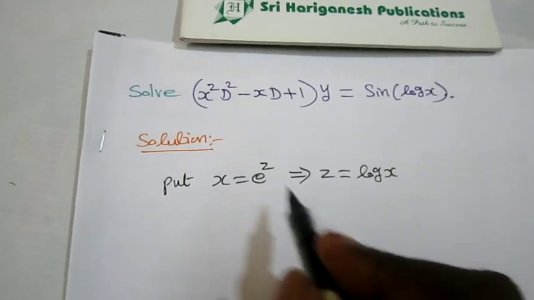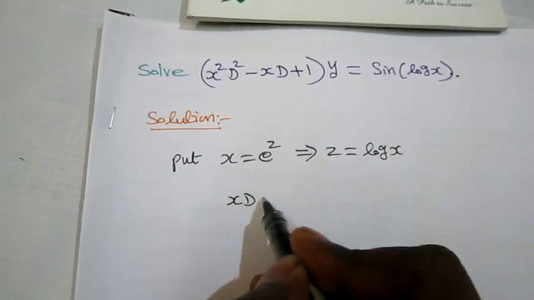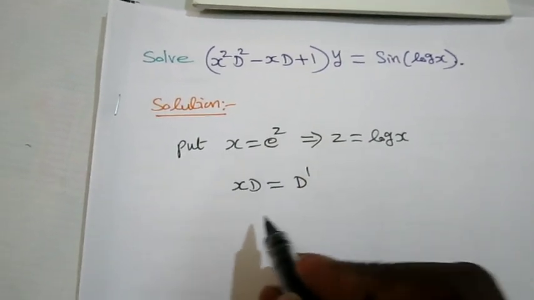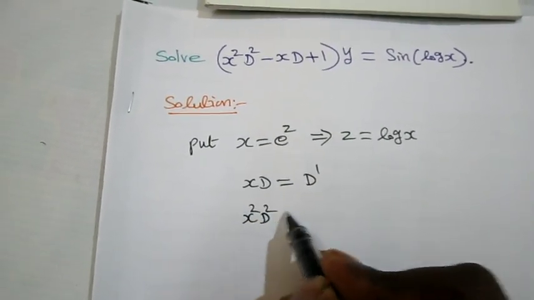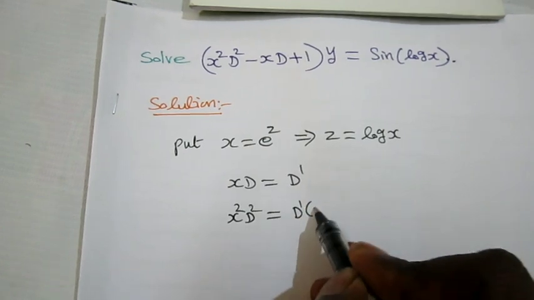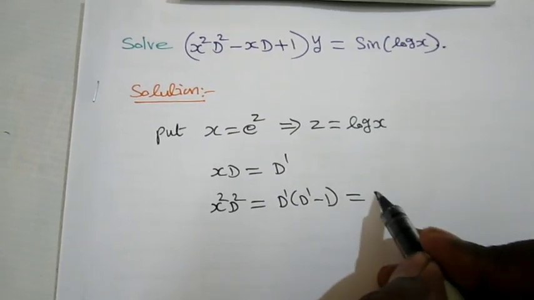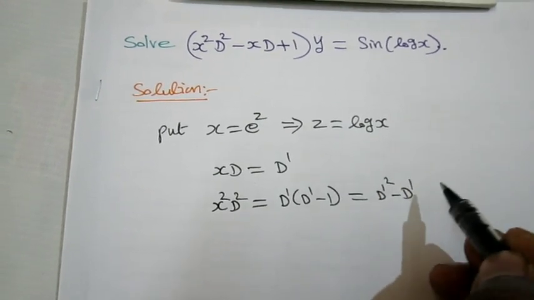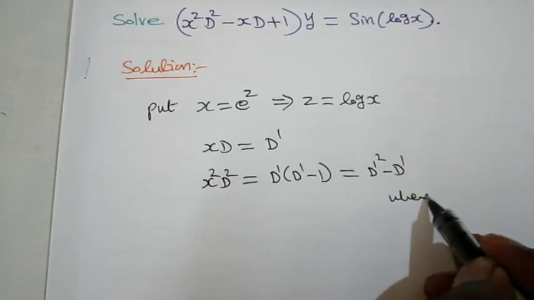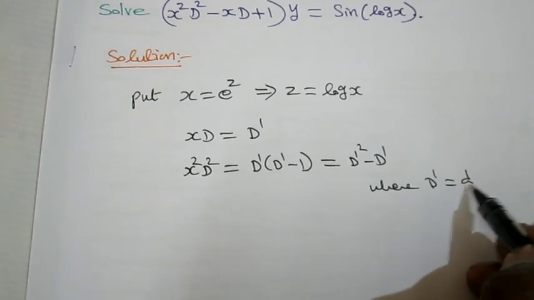By putting this, xD is converted into D', and x²D² is converted into D'(D' − 1). When you multiply D' inside, D'² − D', where D' is equal to d/dz.